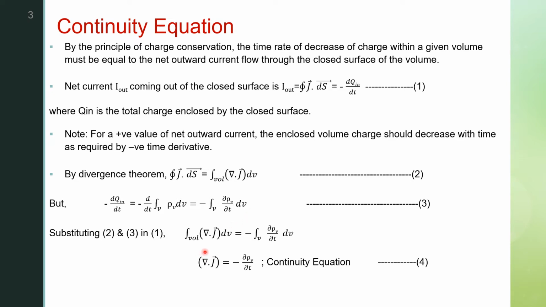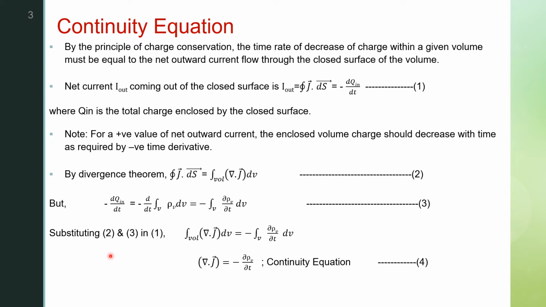So we have volume integral del dot J dv is equal to minus of volume integral dou by dou t of rho v dv. That gives del dot J is equal to minus of dou by dou t rho v. And this is called the continuity of current equation or continuity equation.